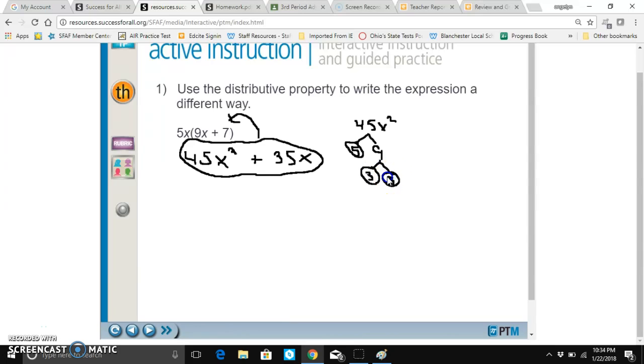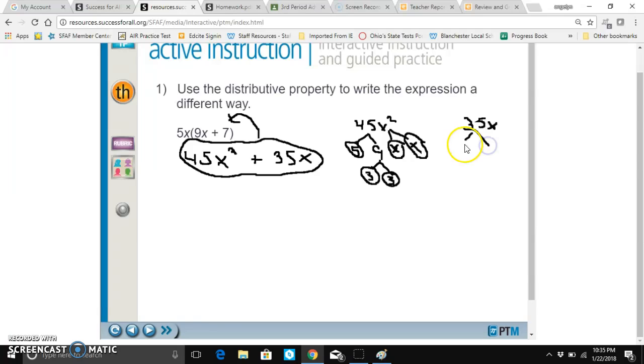This is supposed to be a 3. Okay, and then for your x squared, what times what equals x squared? That would be x times x. And then we would have to circle the x's because they're going to be a part of our prime factorization for 45x squared.